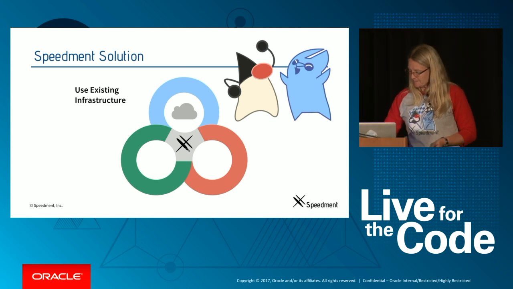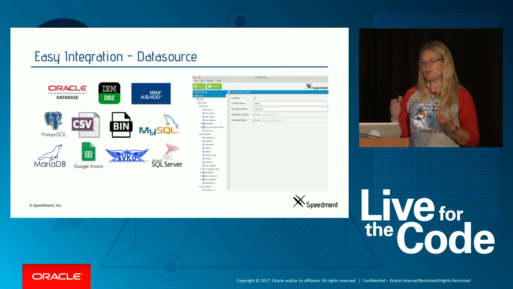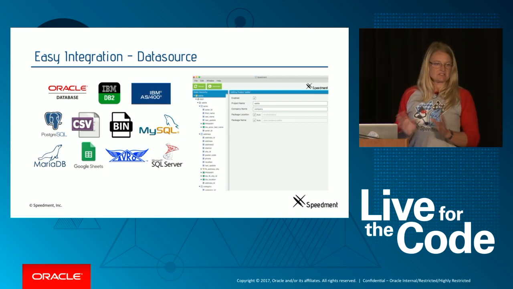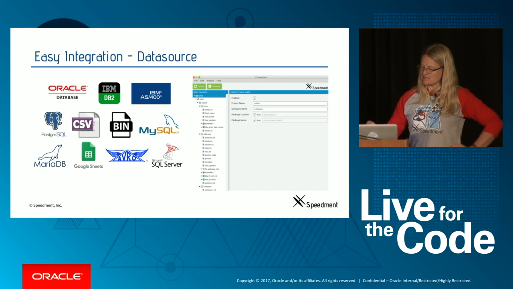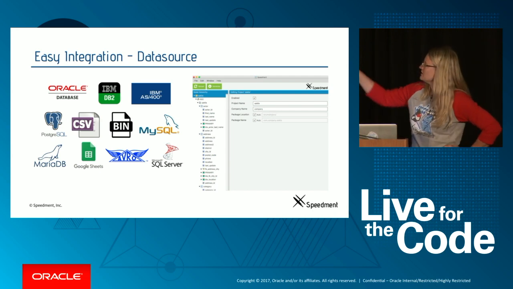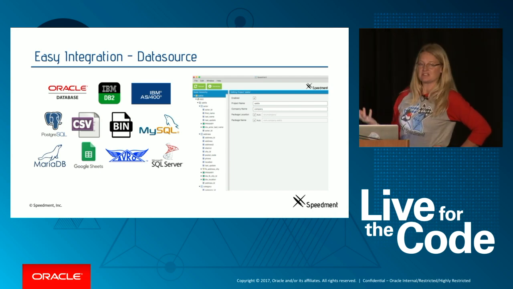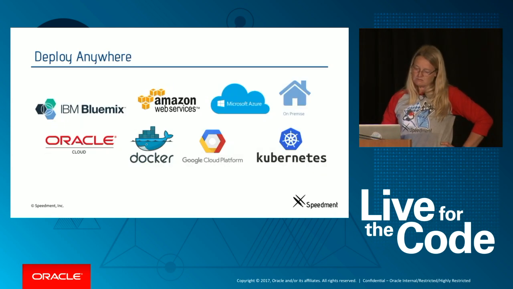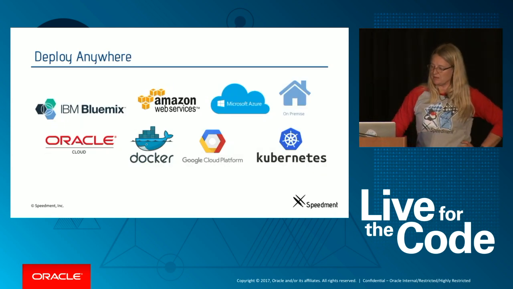So if you have an Oracle database, or if you have Avro code or SQL Server or anything, you can stick to it and just let the application itself generate the code for you. You can deploy it anywhere.